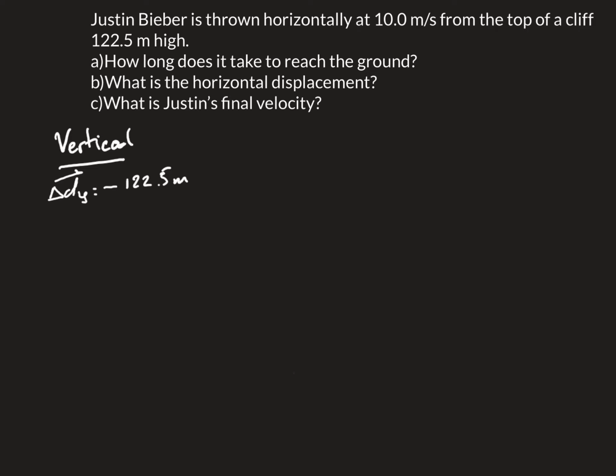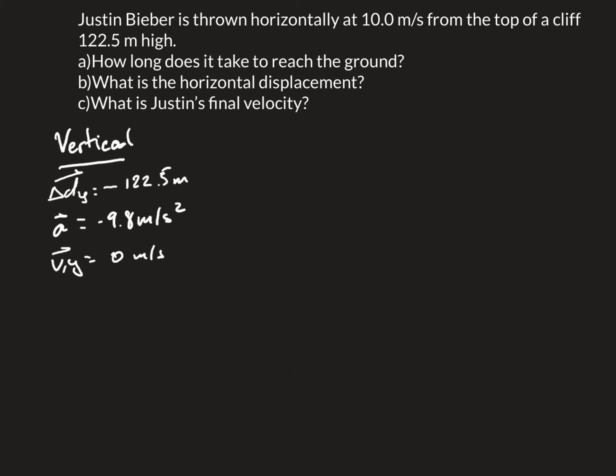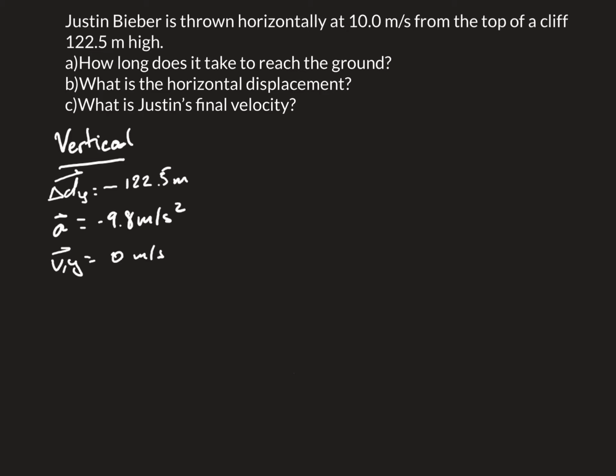We have his acceleration due to gravity. So that is a, and that's negative 9.8 meters per second squared. And we know that the initial vertical velocity is 0 meters per second, because the question states that he's thrown horizontally. So of course that means that there's no vertical component to him moving.